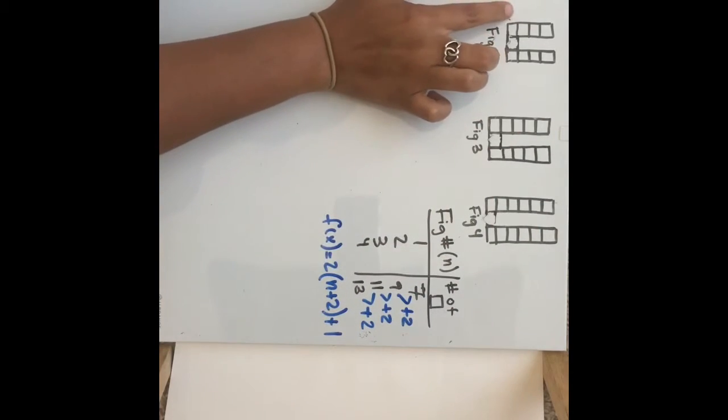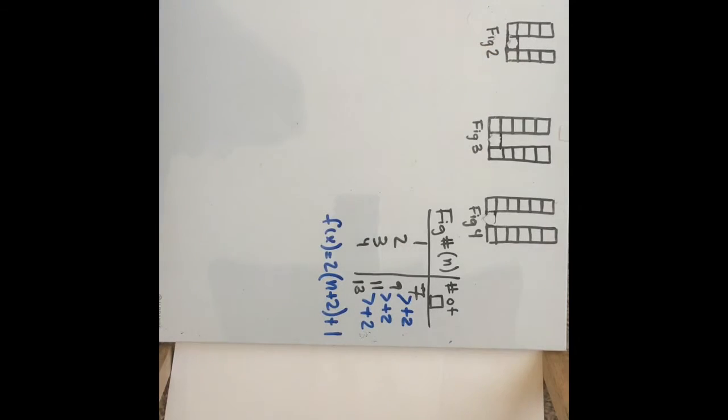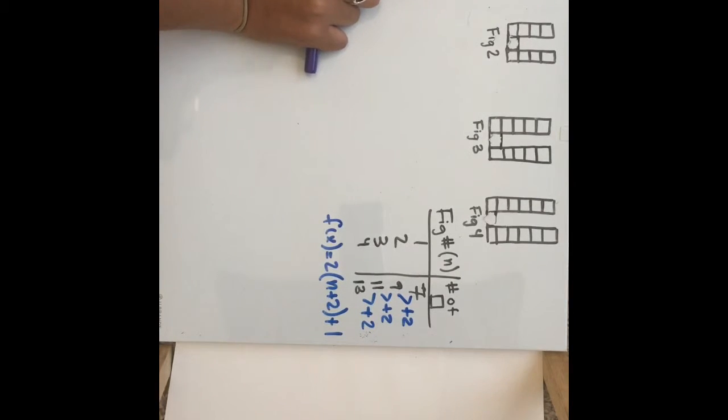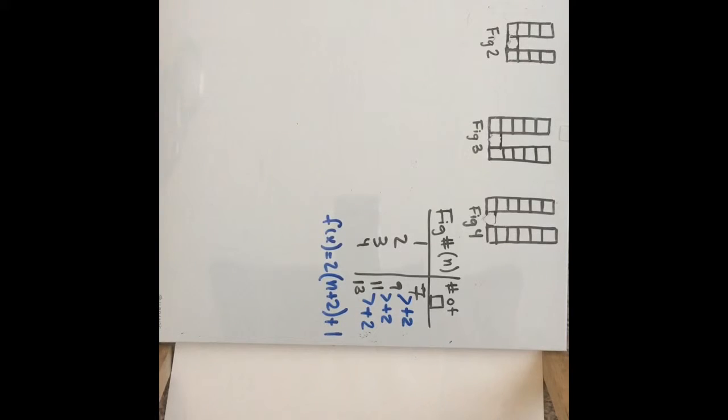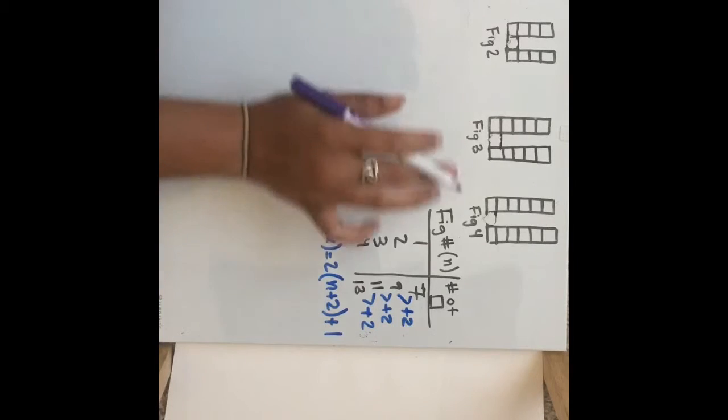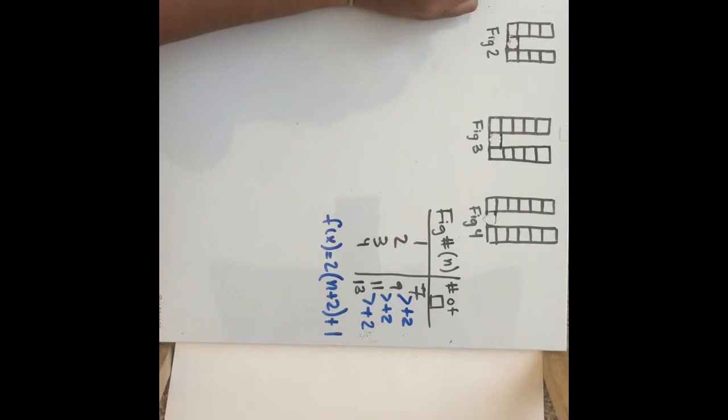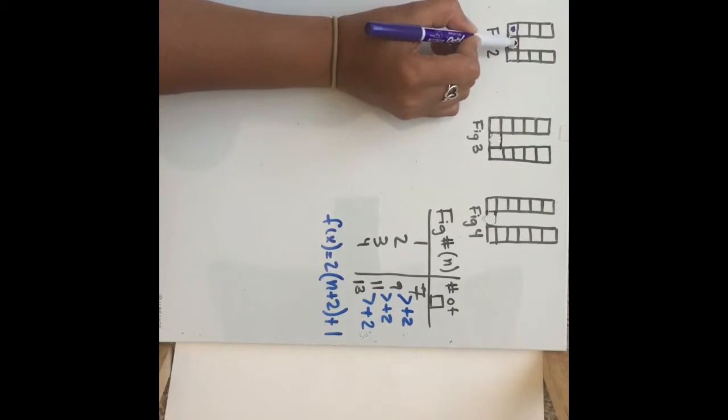I'm going to do the same thing, but in a different way, using a different color. I'm going to leave this because that's how I looked at the figures the first way. For the second way, I notice that on each of the figures, their bottom row is the same, which is these 3 right here.